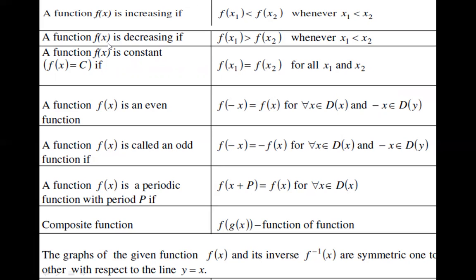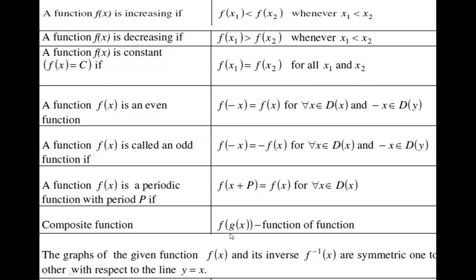Similarly, a function f of x is a decreasing function if f of x sub 1 is greater than f of x sub 2 whenever x sub 1 is less than x sub 2. A function is a constant function if f of x1 equals f of x2 for all x1 and x2.